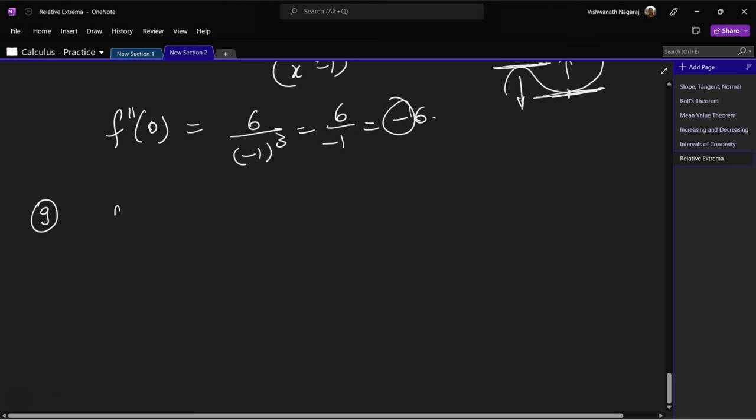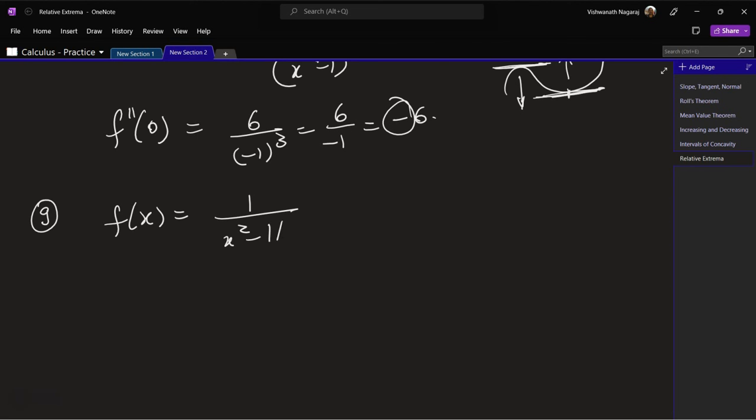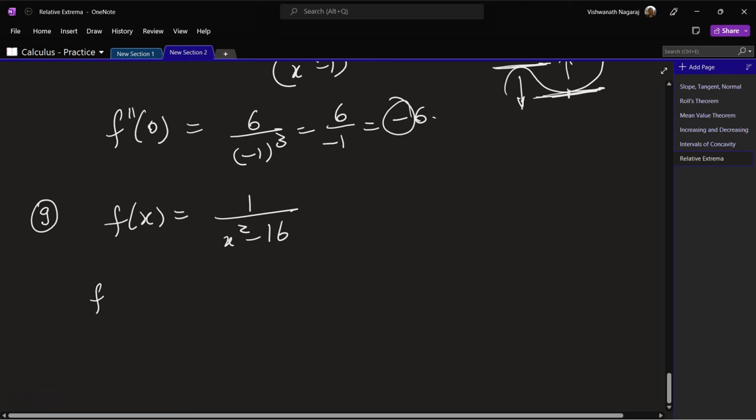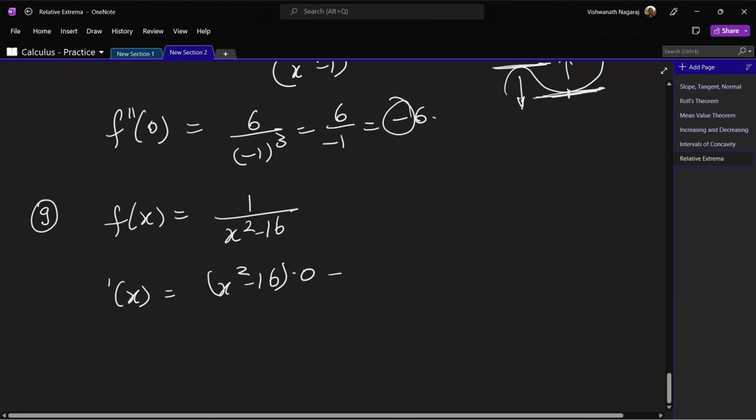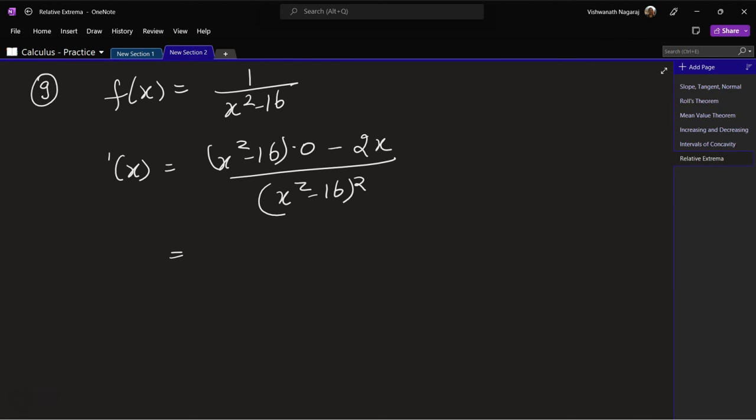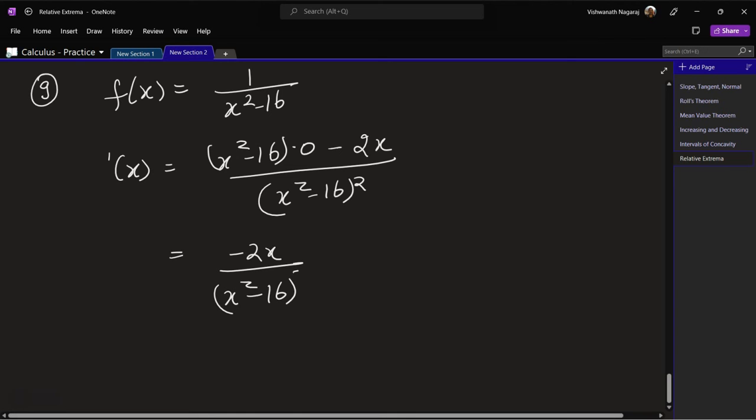Ninth one, f of x is equal to 1 by x square minus 16. So f prime of x is equal to x square minus 16 times 0 minus 2x divided by x square minus 16 square, which gives us minus 2x by x square minus 16 square.